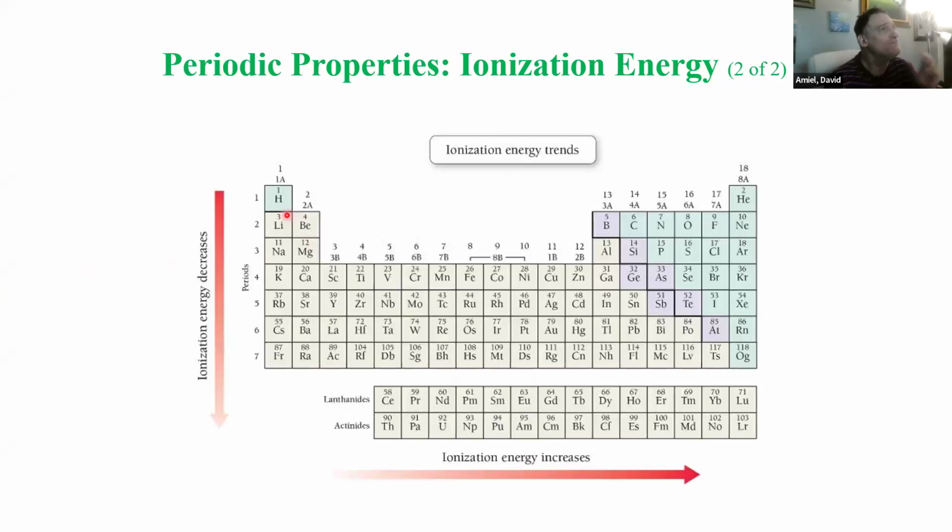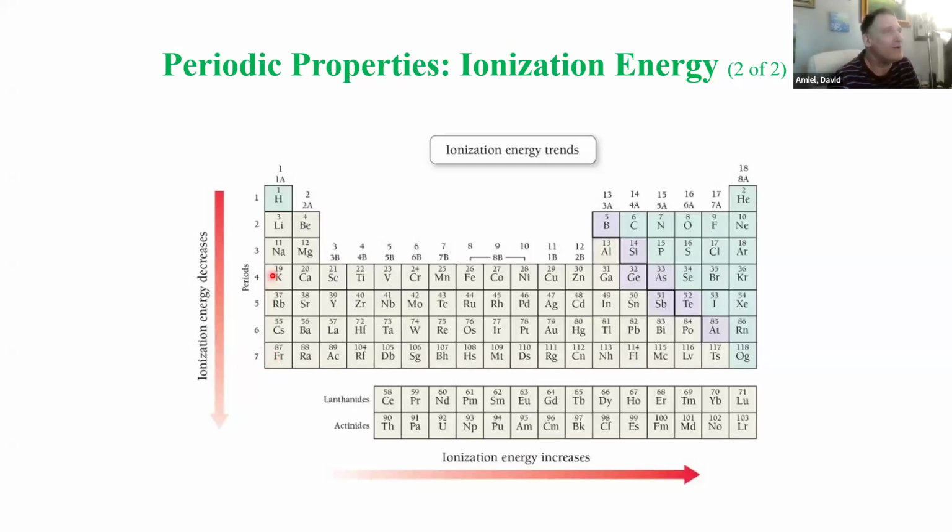So for example, francium here has a very high ionization energy because its electron is very far away from the nucleus. The farther away from the nucleus the electron is, the more energy it takes to rip it off.